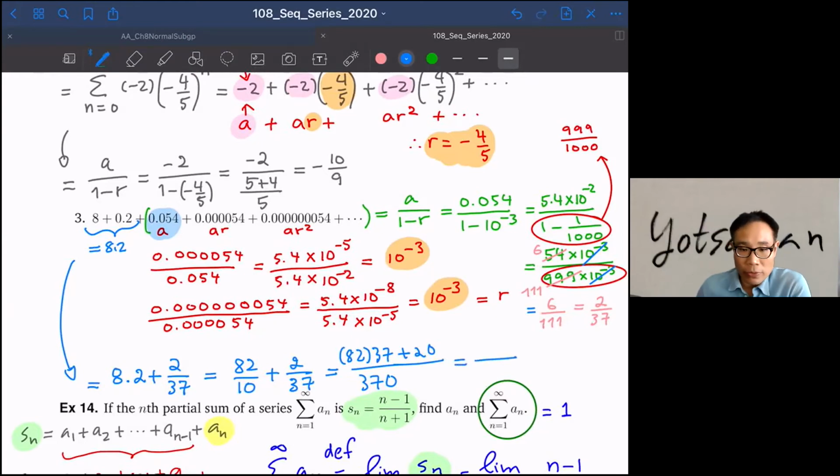I leave you to complete this one on your own. I just use a calculator, it's not a big deal: times 37, plus 20. So it's going to be 3754 over 370. Okay, that's it.